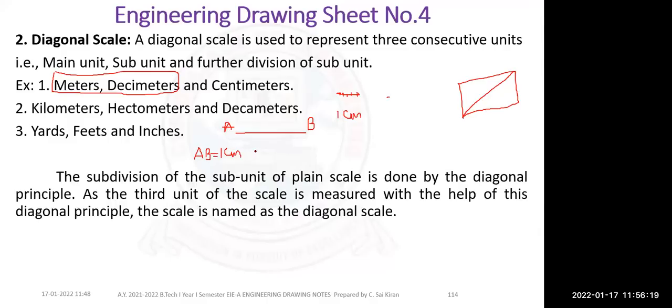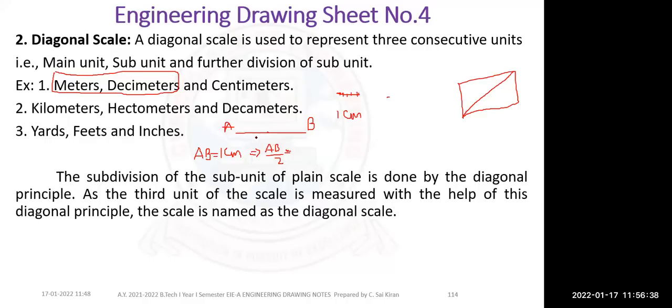If I want to locate half of the centimeter, it is AB by 2, which is 0.5 of AB. If I take 0.5 of AB, I'll get half of this, so it will be at the center.